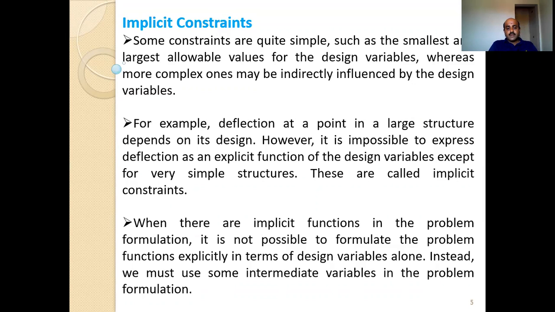Sometimes with implicit functions in the problem formulation, it is not possible to formulate the problem functions explicitly in terms of design variables alone. Instead, we must use some intermediate variables in the problem formulation. I will discuss these things in much more detail, because this is just an introduction to implicit constraints.